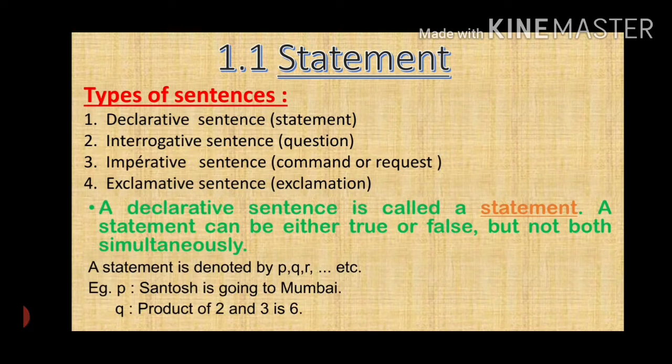Then you will denote it by small letter P and write it as P is equal to Santosh is going to Mumbai. Another example, Q is product of 2 and 3 is 6. So this is how we denote the statements using the English alphabets.